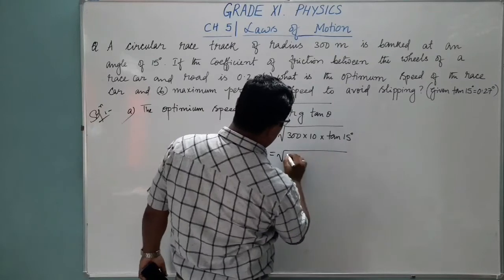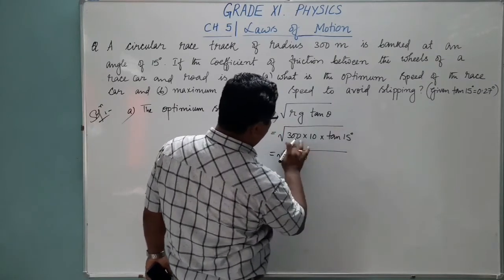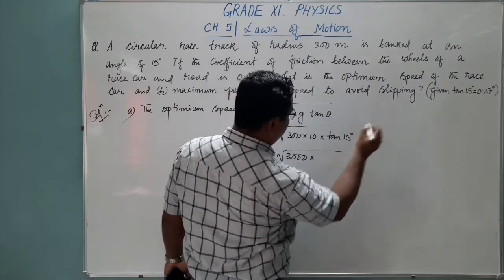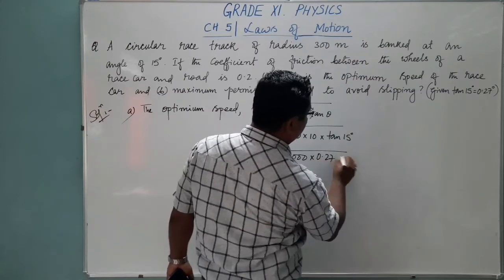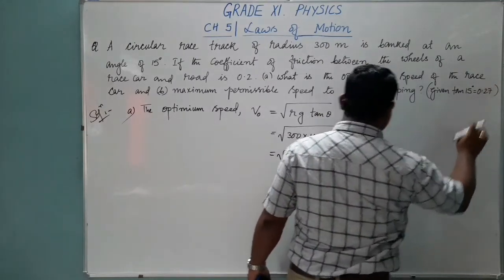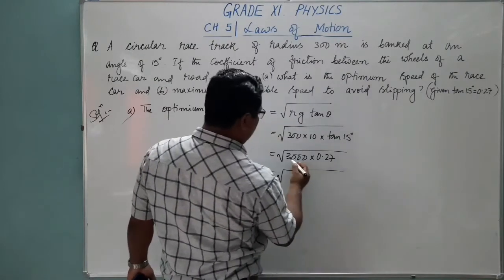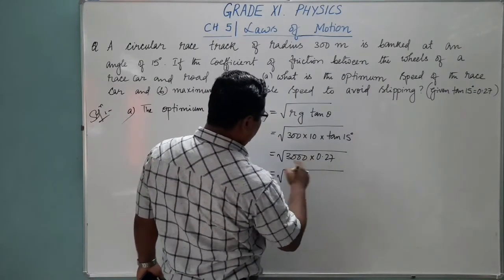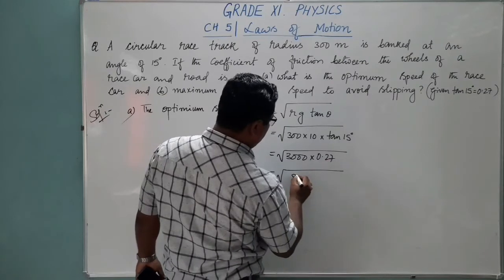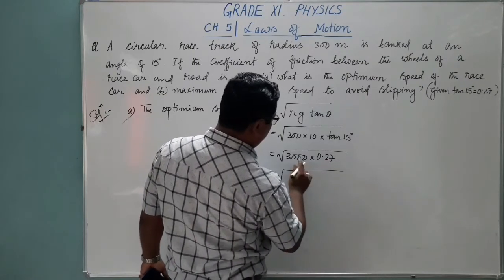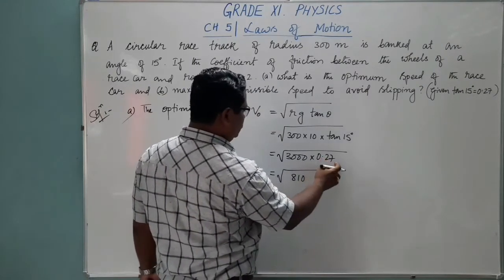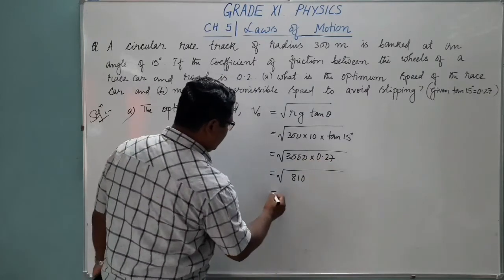So this is 300 into 10, tan 15 degrees equal to 0.27. You will multiply and find out the square root. 3 7s are 21, 2 in hand, 3 2s are 6, 7, 8. Then we have 3 zeros, after decimal 2 digits, so 2 zeros will get cancelled.